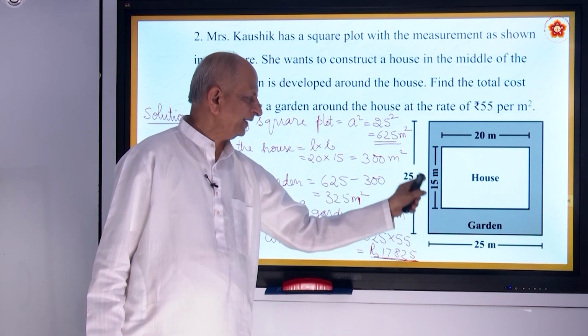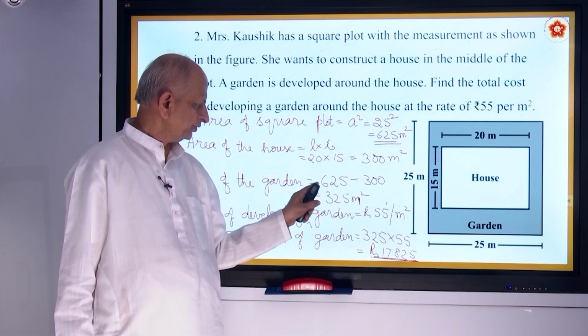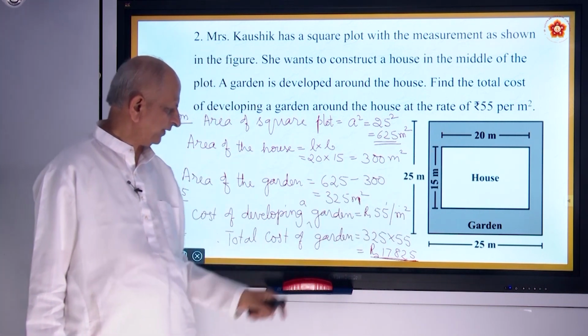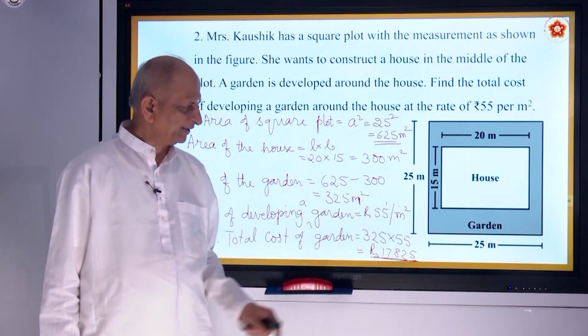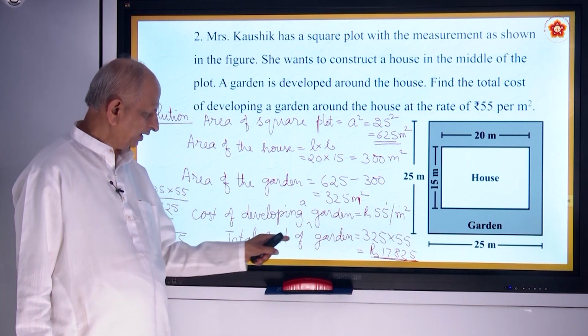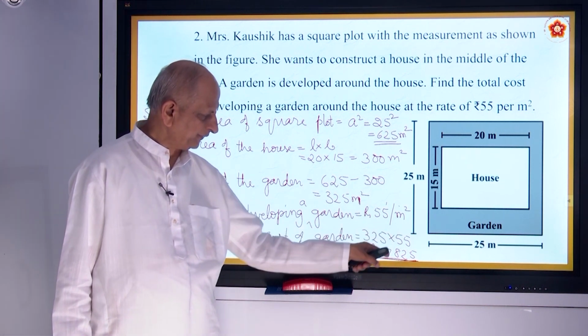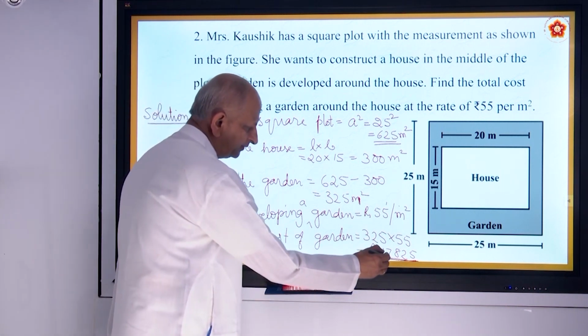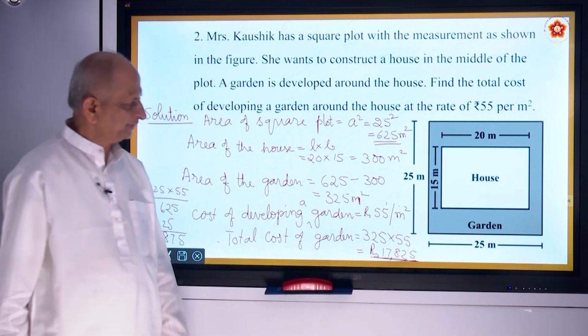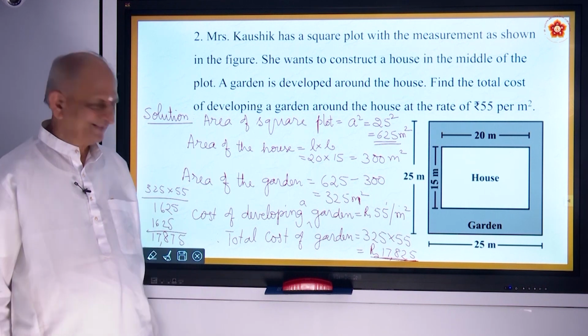Area of the plot minus area of the house. So 625 minus 300, that is 325. Cost of developing the garden is 55 rupees per square meter. So total cost 325 into 55, that is 17,875 rupees.